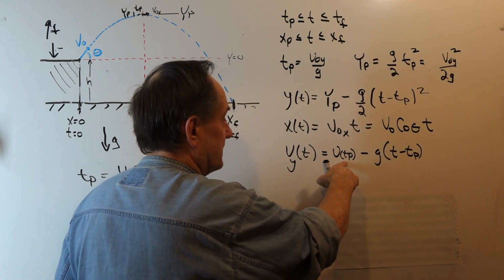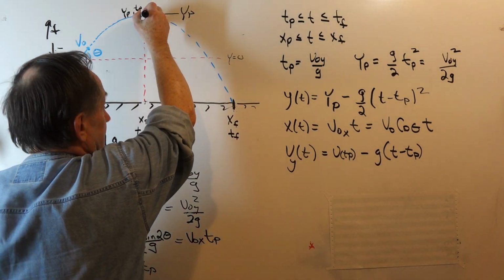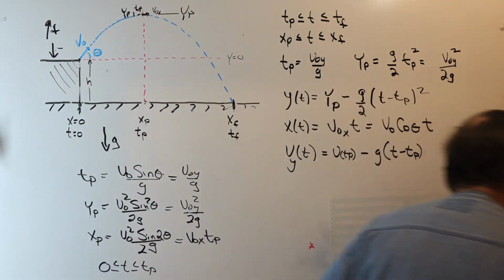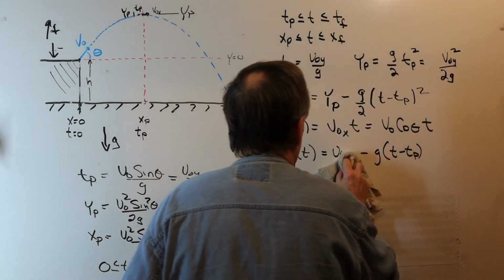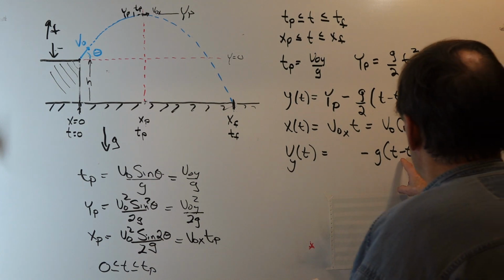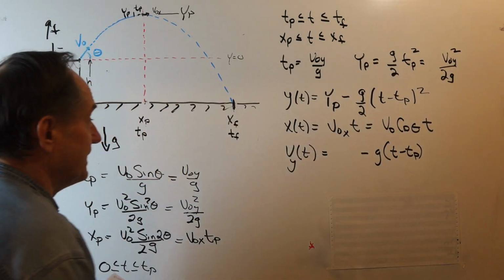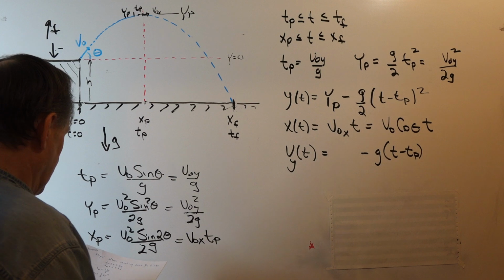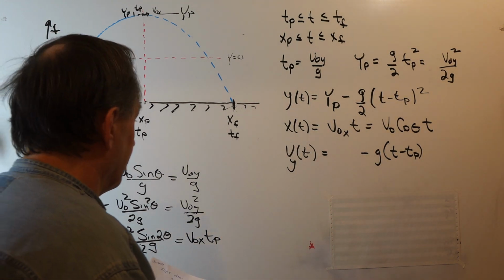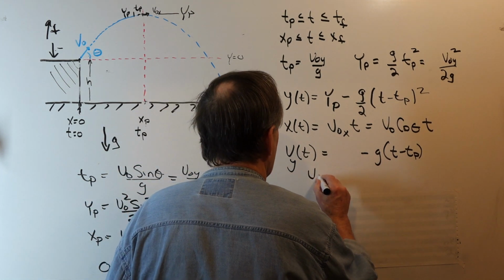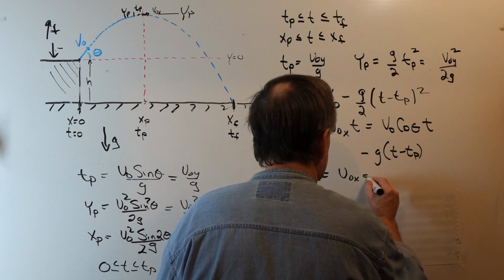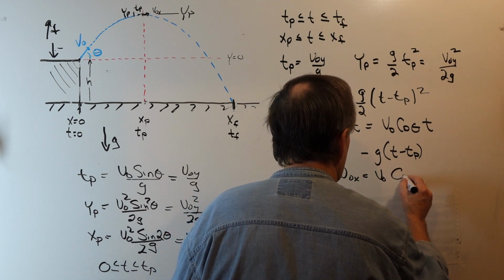But what is this? This is 0. Remember, we're at the peak. So the velocity in the vertical direction is 0 when we're starting out from the peak. So we have minus g times t minus t peak for the vertical velocity. And our velocity in the x direction is still v0x as it was before. That never changes.